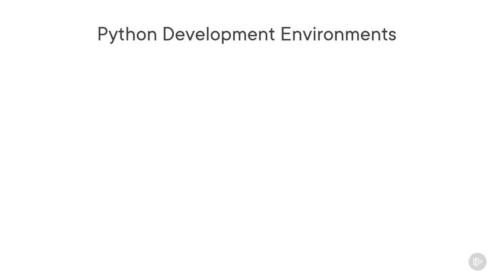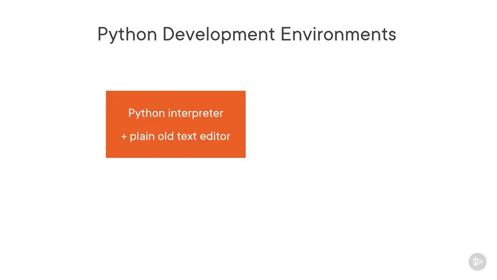Now let's talk about Python development environments, right? So first things first, we need to talk about the Python interpreters. Now, out of the box with Python, you have an interpreter, okay? And the interpreter lets you type in Python code, and it gives you results right in the shell, right in the terminal. So you can run the Python interpreter from any terminal on your Linux server.